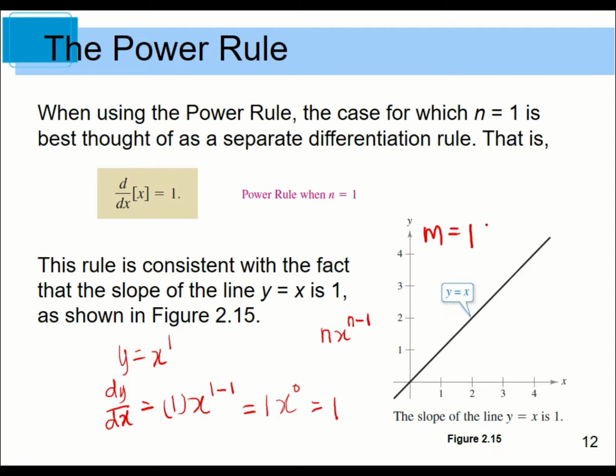We can take 2 points from here to look for the slope. So we have 2 minus 1 over 2 minus 1, so the slope is actually 1. Differentiating x gives the slope of the function, therefore the answer is 1.